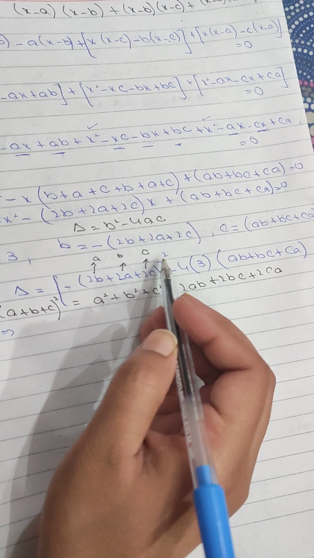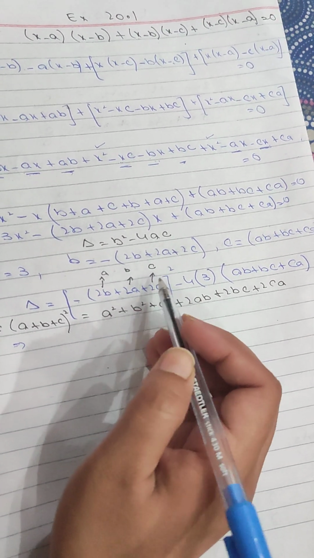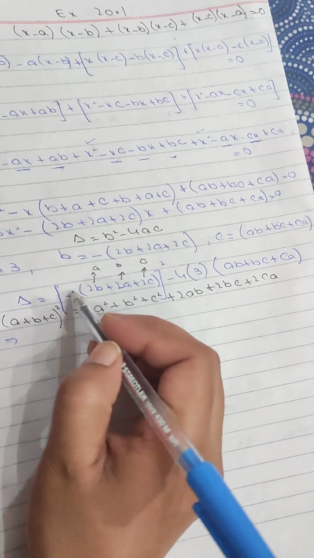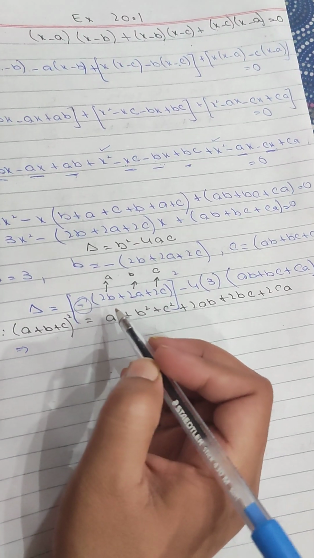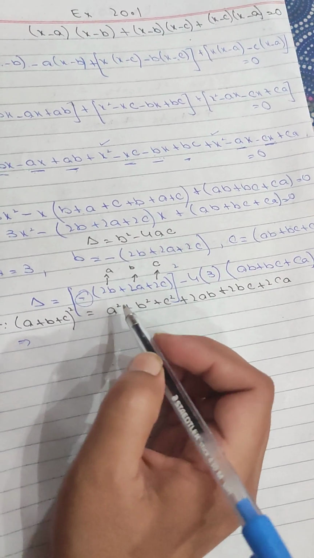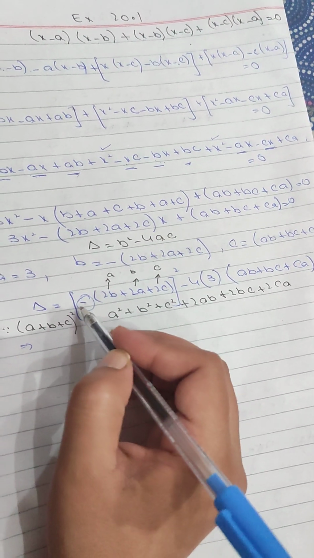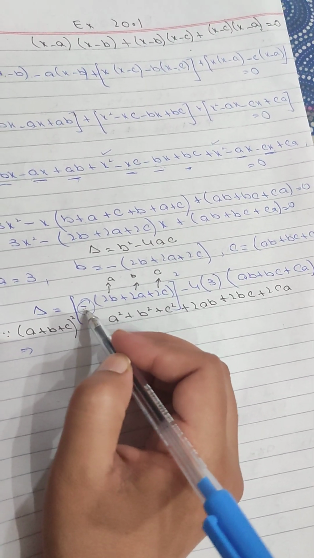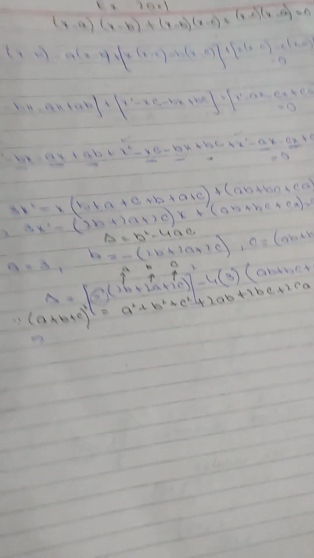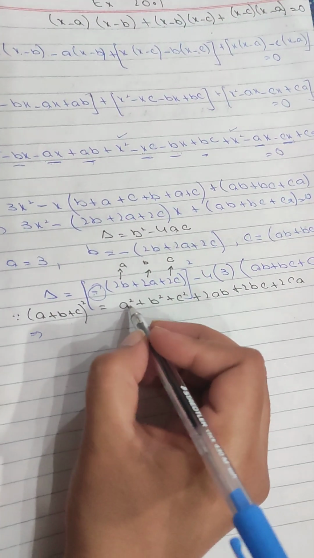Minus will be plus when the power is even. You know power 2 means the number is multiplying 2 times. When minus sign will be multiplied with minus sign, it will be plus. So just put the values.